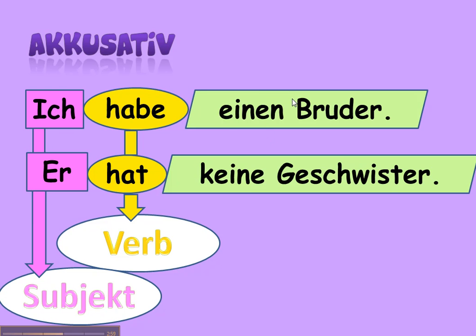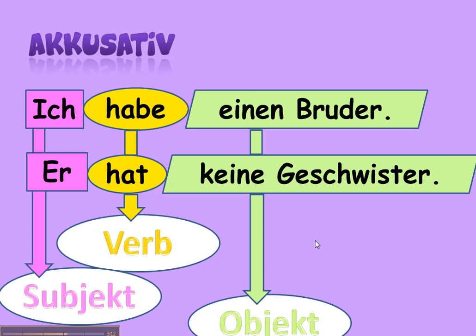Ich and einen Bruder is not equal to the subject. Er and keine Geschwister is not equal. Okay? Those are definitely different people. And we call this then the object. And because they're the object of the sentence, we're going to put them in the accusative case.